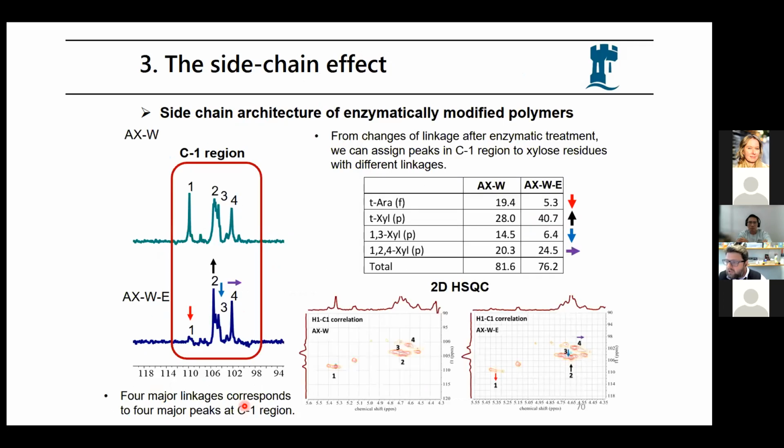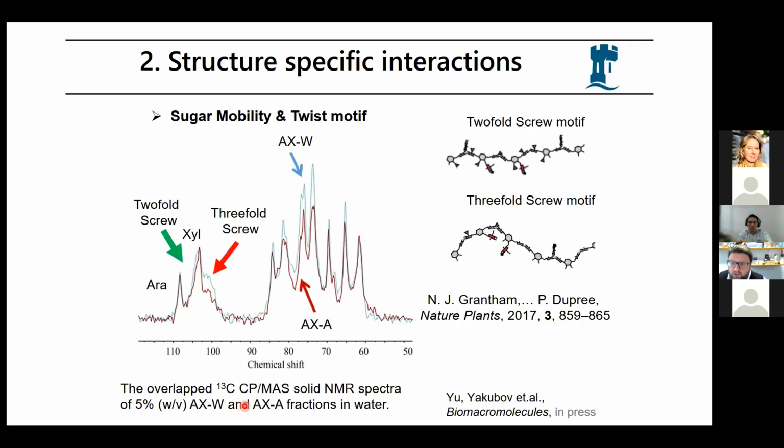But we could analyze the properties of this fraction using one-dimensional NMR, and knowing where to look for the peaks, thanks to the work by Paul Dupré, we could identify that the water fraction has a threefold screw, so it's more chaotic, and the alkaline soluble fraction is a strictly twofold screw molecule.